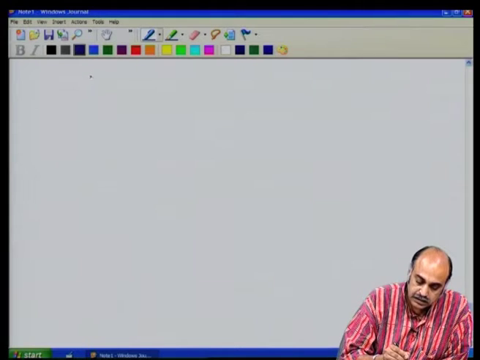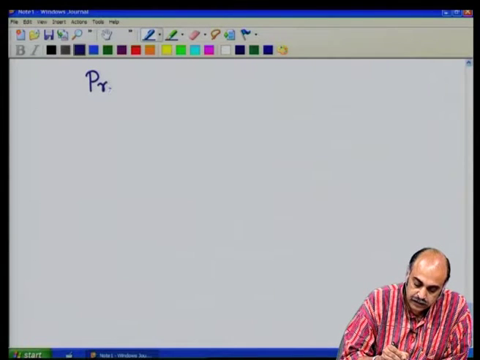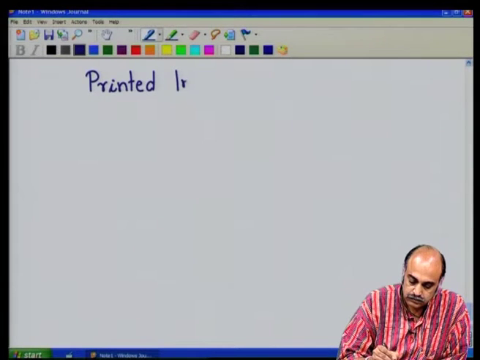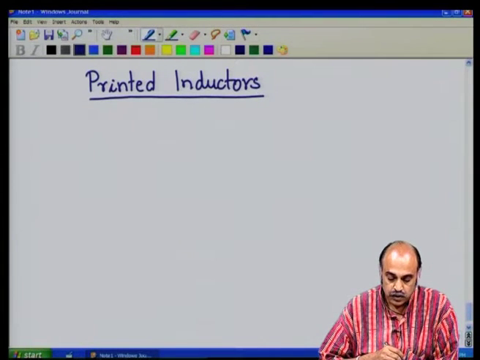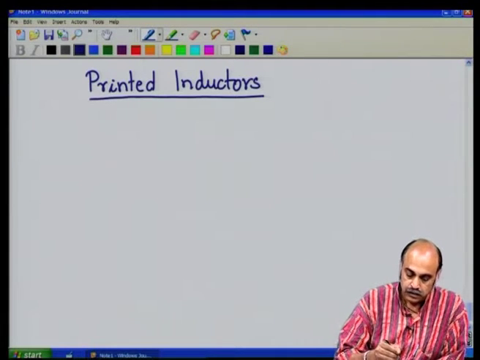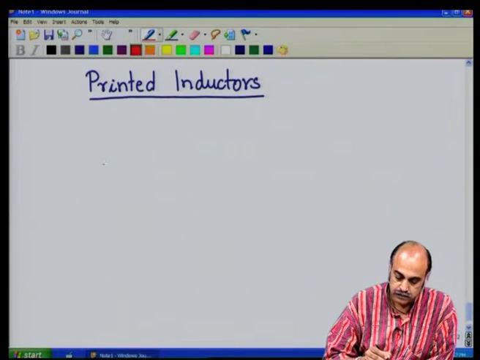Just like the capacitance, you could also have printed inductors. Printed inductors are also quite common. You could use a few topologies.